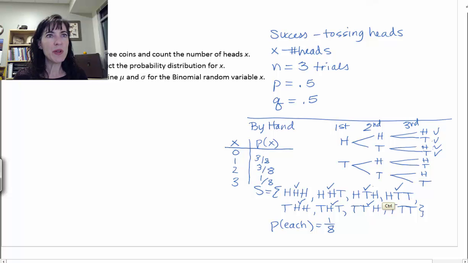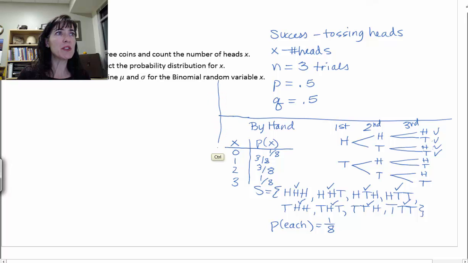And where I have no heads, that's just this last one here, and so that one is 1/8. So I can see my probability distribution there. That is the by hand method, and you can certainly do that with 3 coins being tossed. Not a big deal.